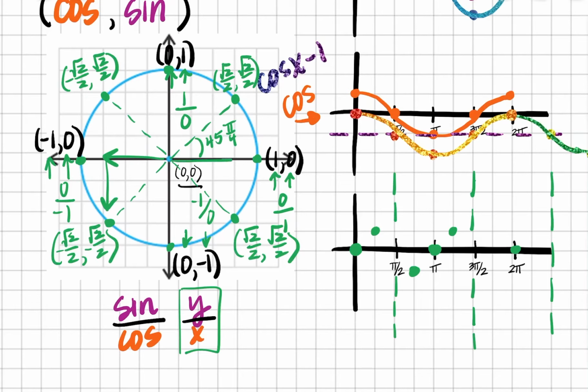My cosine, or my x-coordinate, is now positive, but my sine is still negative. So I have another negative tangent. And then the pattern just continues. When we connect those dots to follow the asymptotes, we find these kind of cubic functions, sort of, that are all separated by the asymptotes.